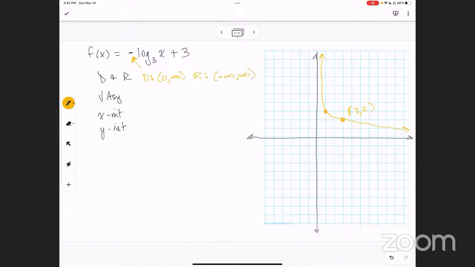Good. What's the vertical asymptote? The vertical asymptote is approaching 0, so x equals 0. Perfect. What's the x-intercept?